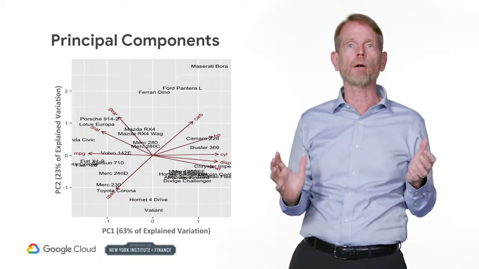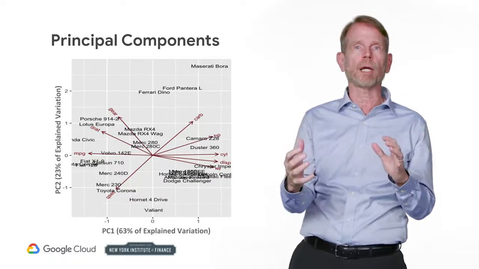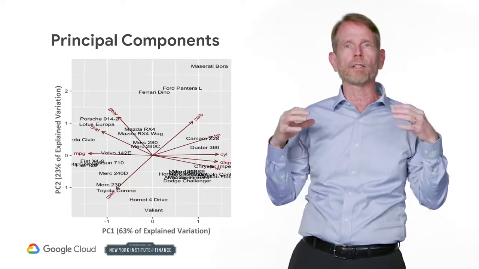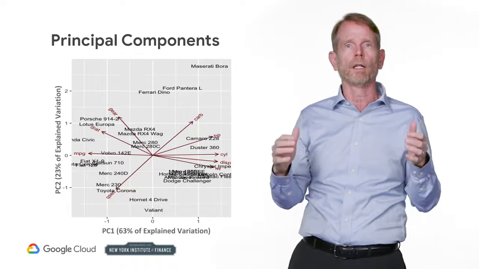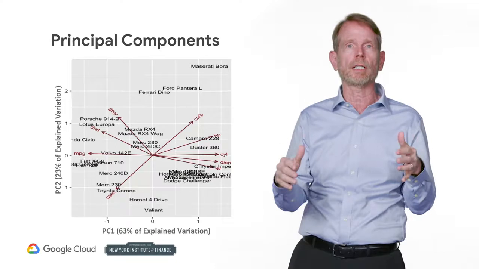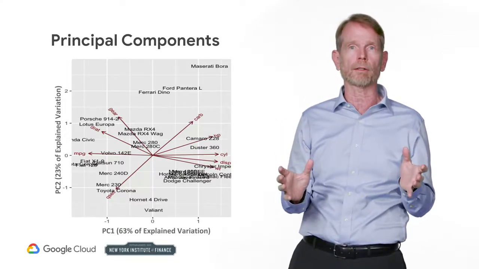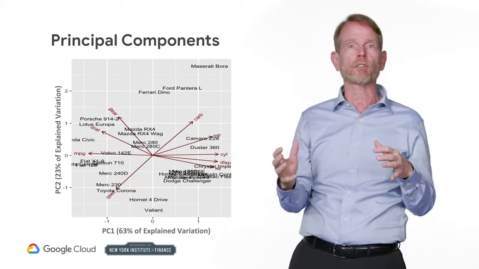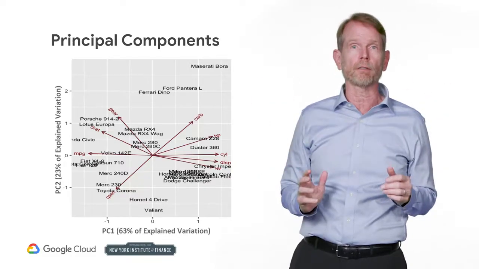Using principal components analysis, we are able to rotate the 9 feature dimensions and come up with the 2 principal components that explain the greatest amount of the variation between car models. The first principal component explains 63% of the variation, and the second 23%, for a total of 86%. Now we are able to see the similarities and differences between car models in 2-space rather than 9-space.